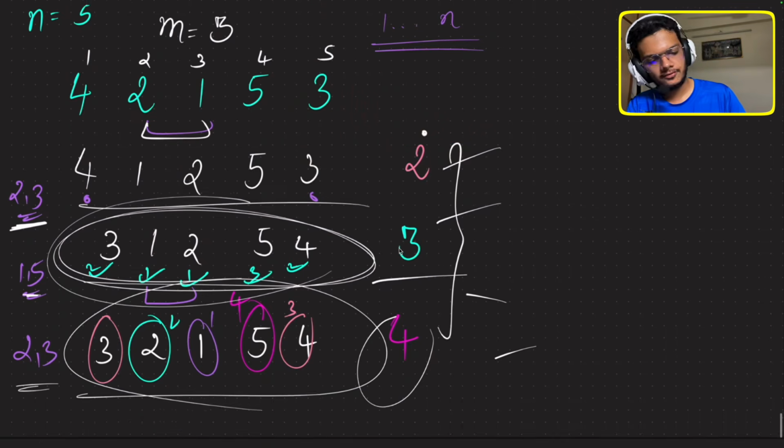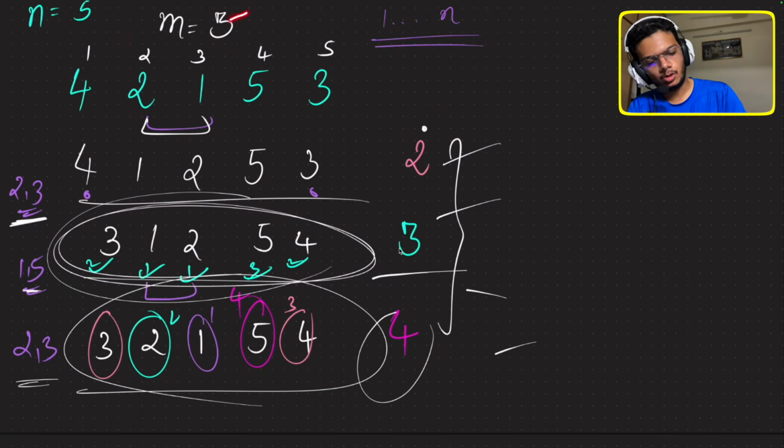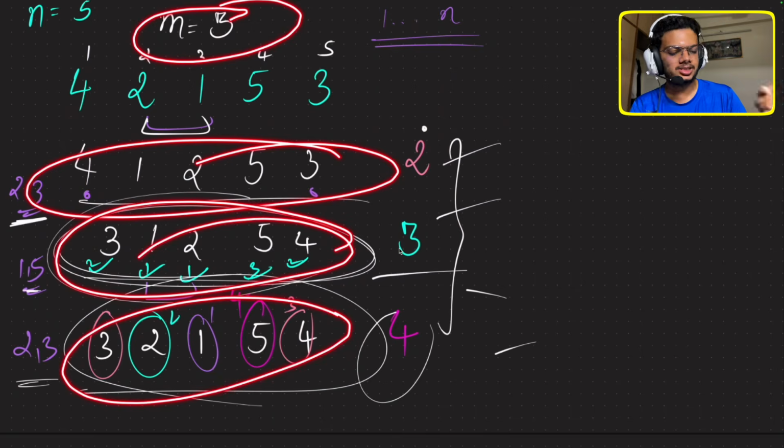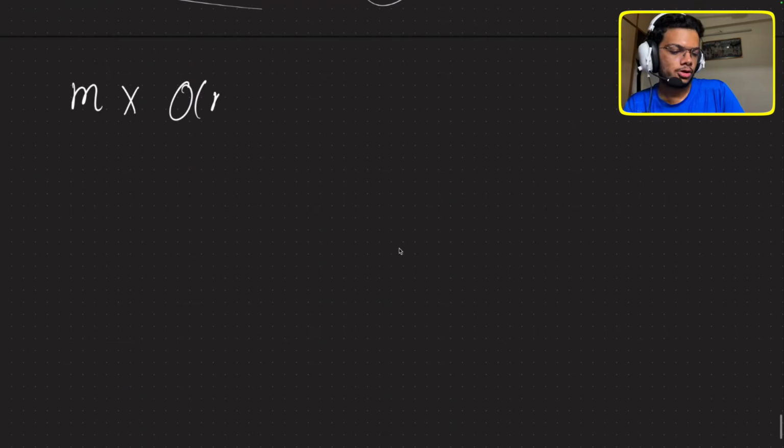But here, if you try to do that, you can say for all the m operations, you try to use the algorithm that we developed in the collecting numbers question. What will happen is for each of the m operations, you're going to consume order of n, or in the previous algorithm that we have developed, it was n log n, right? So you are going to consume this much time.